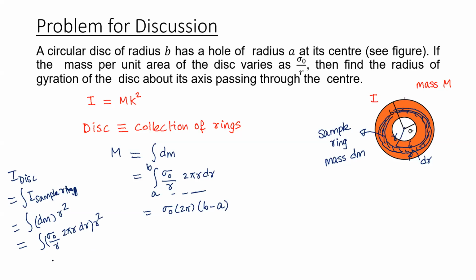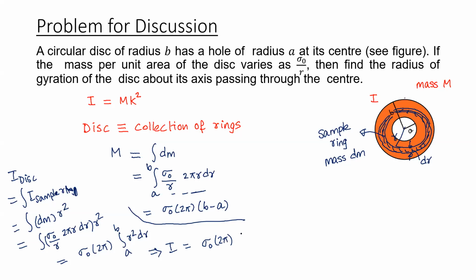In this case, what is the integral really? I have sigma naught 2 pi as it is, and my integral is r square dr from a to b. So the moment of inertia will be sigma naught into 2 pi, times r cube by 3.